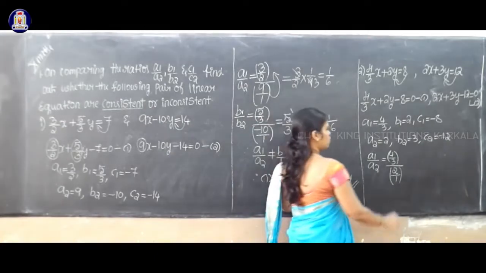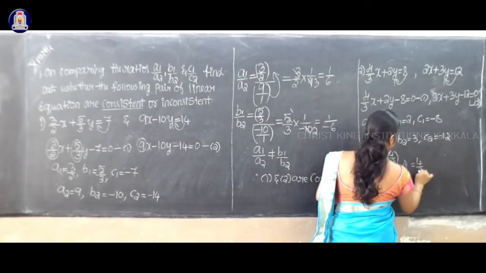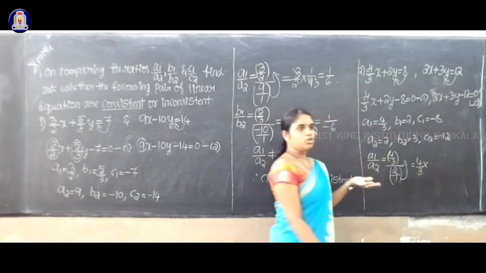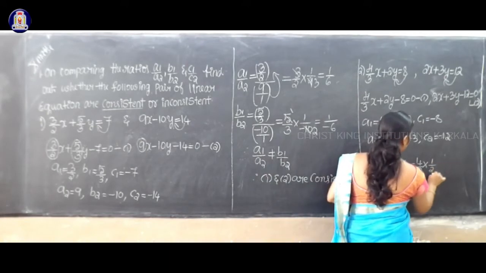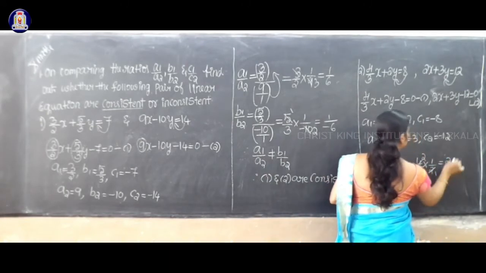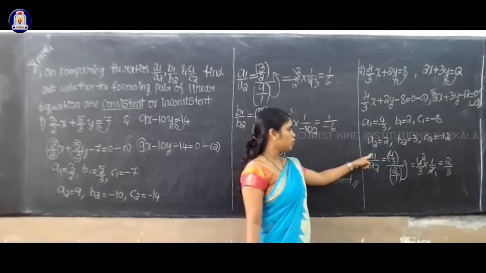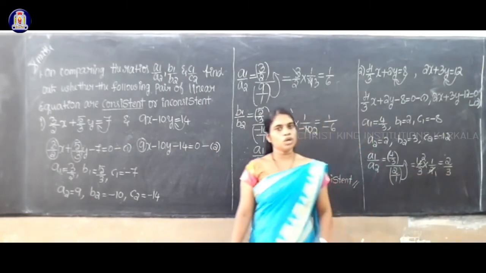So while this 2 by 1 comes to the numerator, 4 by 3 will be as it is, but 2 by 1 will become 1 by 2. 2 ones are 2, 2 threes are 6, so then we will get 2 by 3. What is the value of A1 by A2? A1 by A2 is equal to 2 by 3.